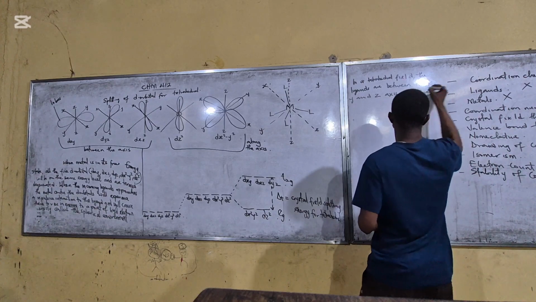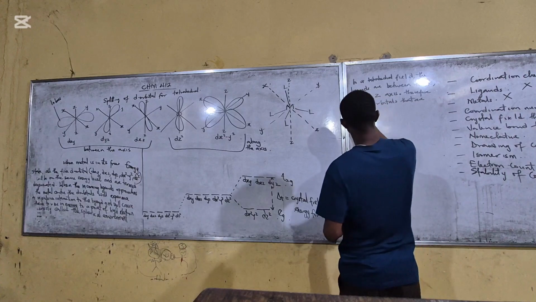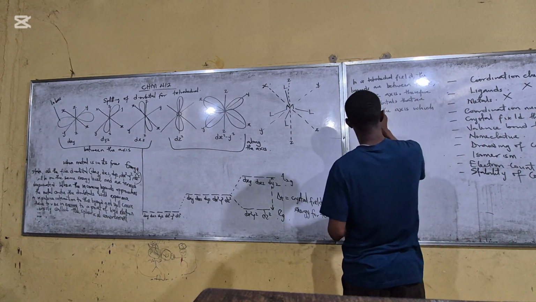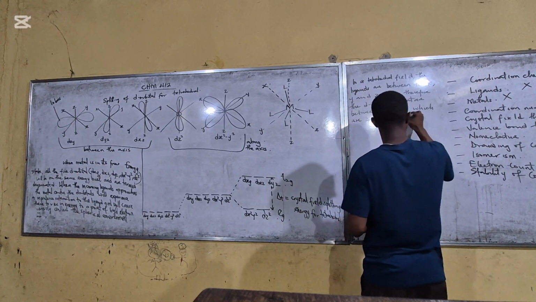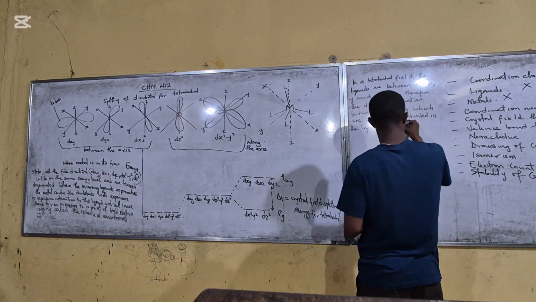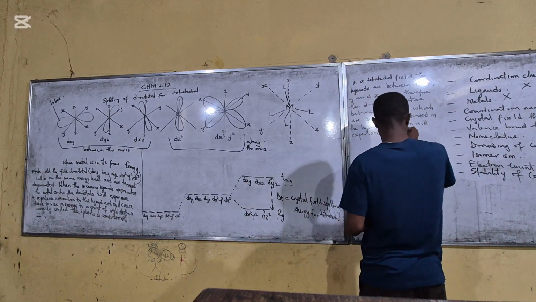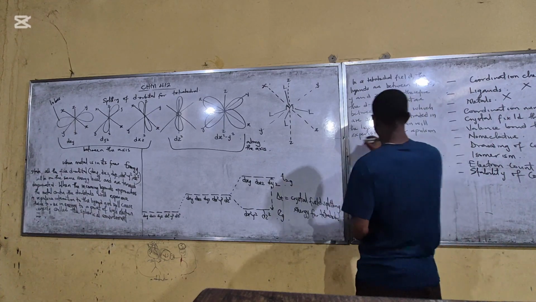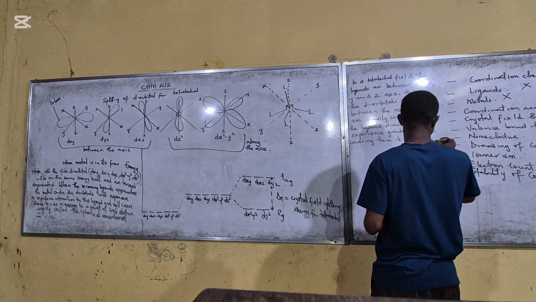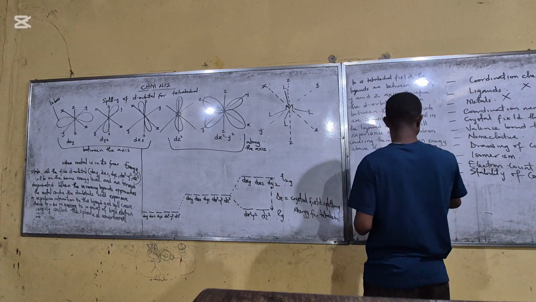Therefore, the d orbitals that are between the axes, which are heavily concentrated in the ligand direction, will experience greater repulsion, causing them to rise in energy above the spherical environment.